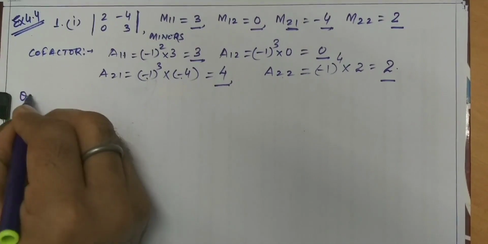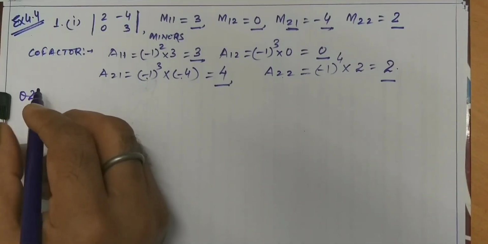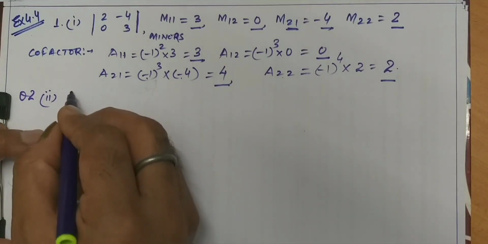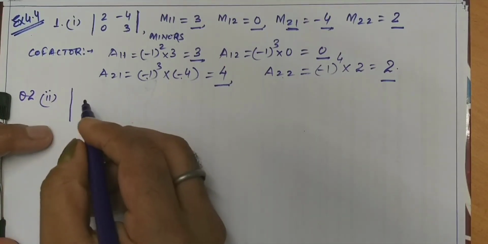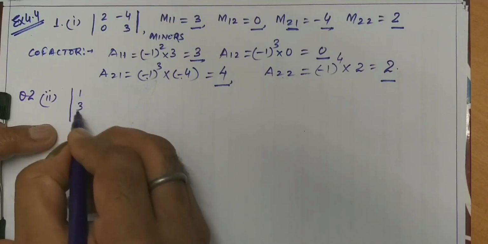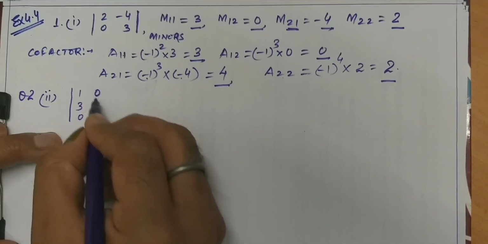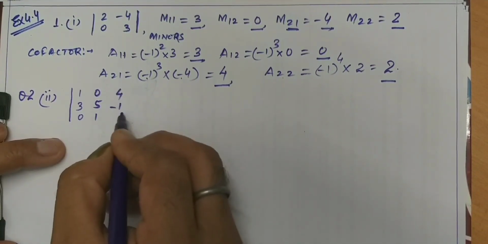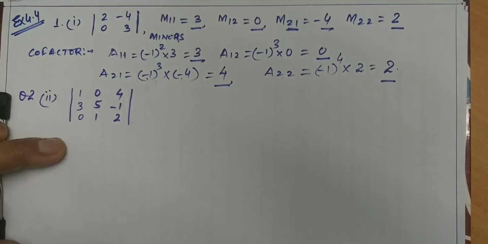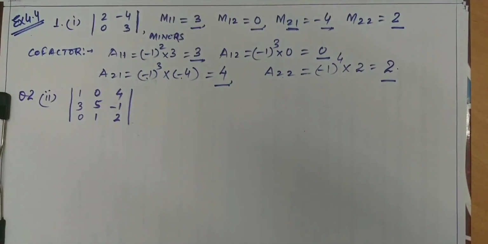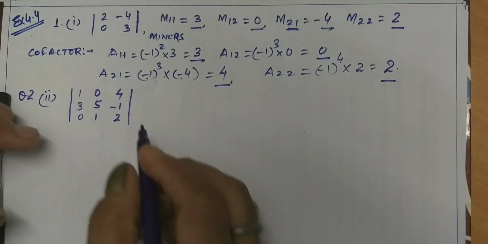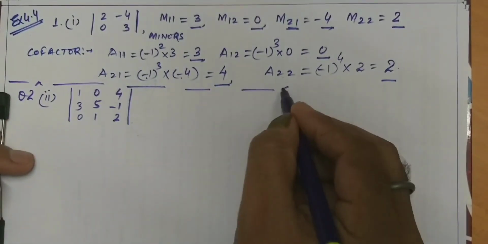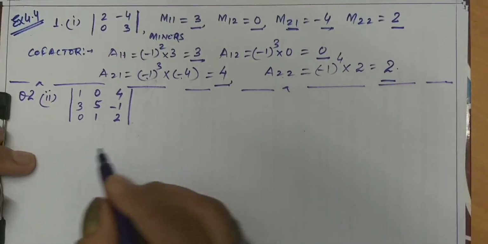Now question number 1, part number 2. Again you have to find the minors and the cofactors. The determinant is 1 3 0, 0 5 1, 4 minus 1 2. We'll start with the minors only, and then we will go for cofactors.